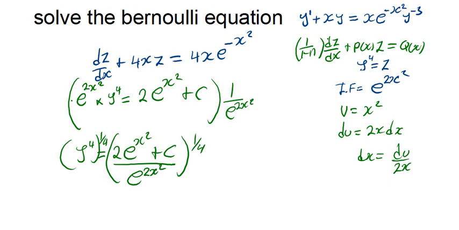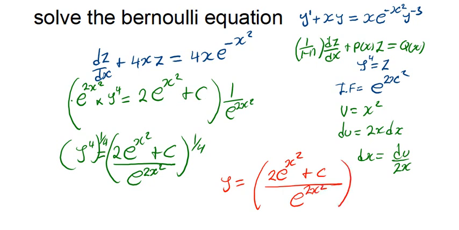So my solution is just going to be y is equal to 2e to the x squared plus c divided by e to the 2x squared, like that. And this is my solution right here.